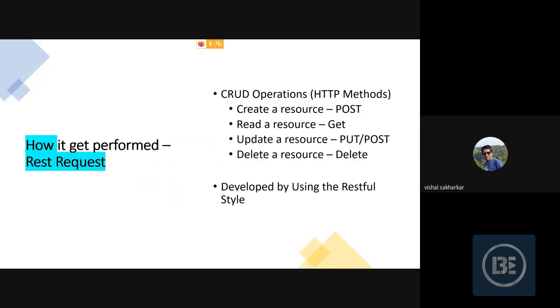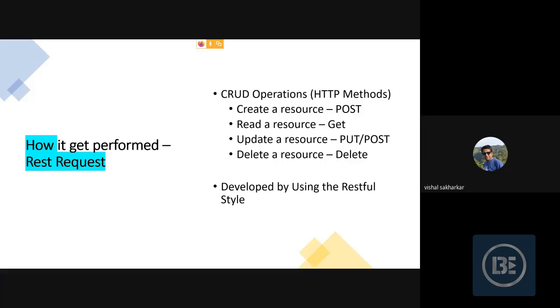But the question is how it gets performed by the developers. Those are the REST requests, so we are talking about the REST API here only. The developers create the API with CRUD operations: create, read, update, and delete.